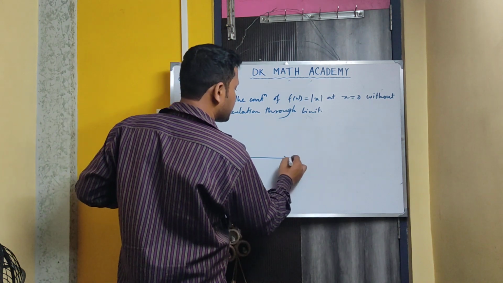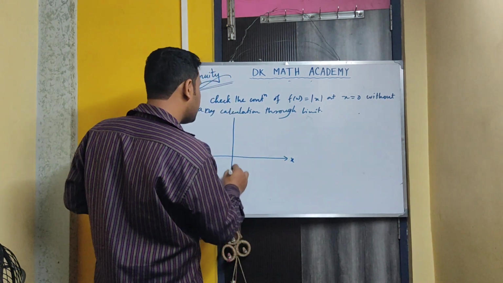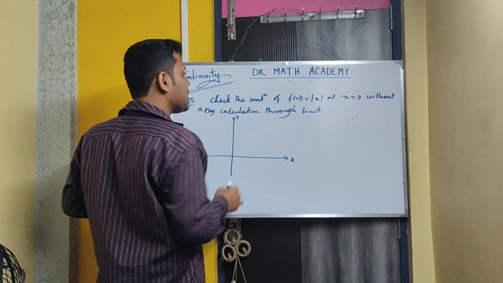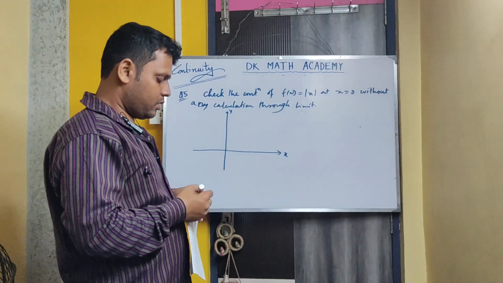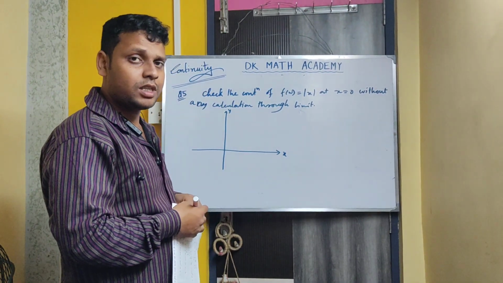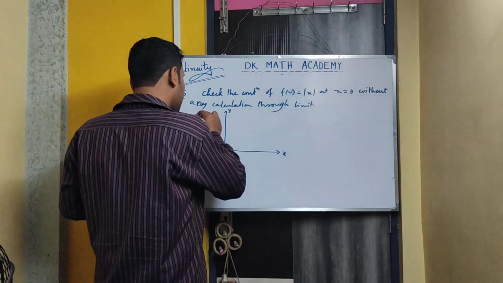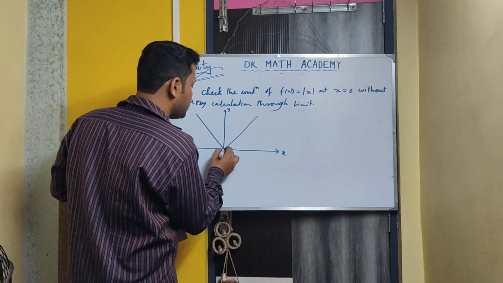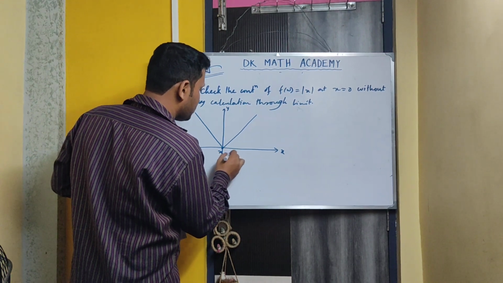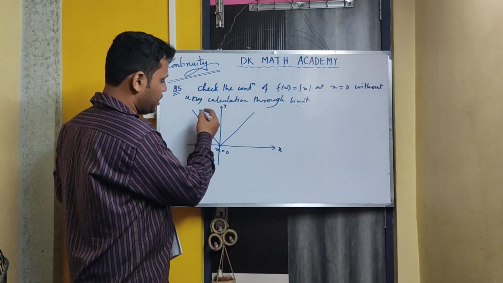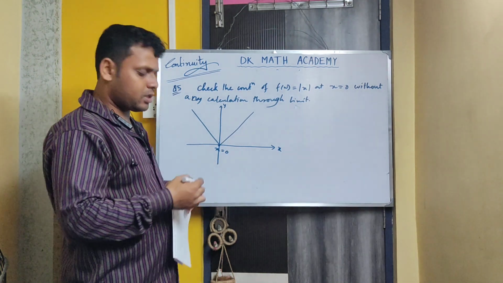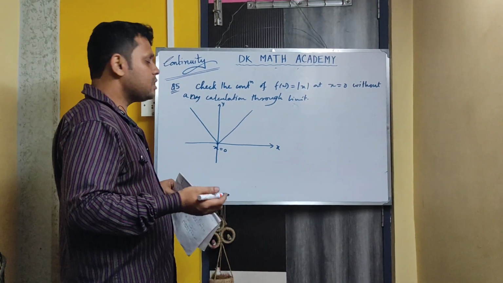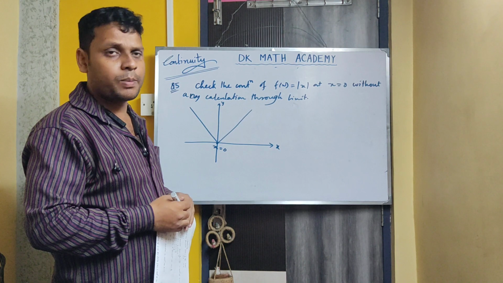If this is the x-axis and this is the y-axis, then the graph of the function f(x) equals mod x is this. This is x equals 0. Here the graph is continuous, so the function is continuous at the point x equals 0.